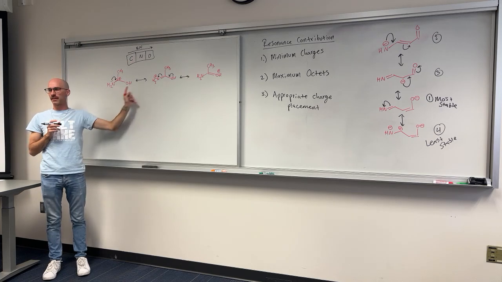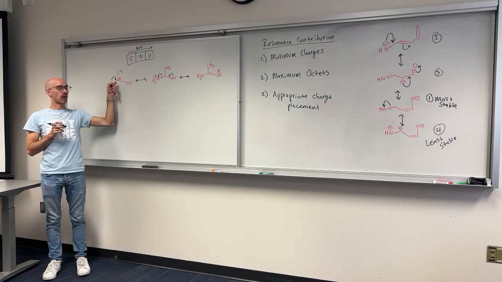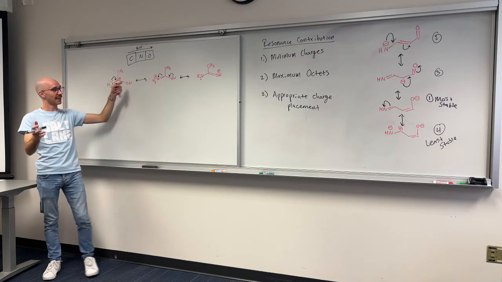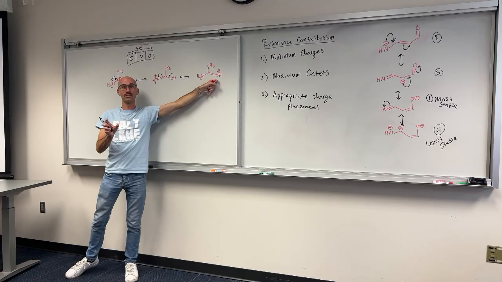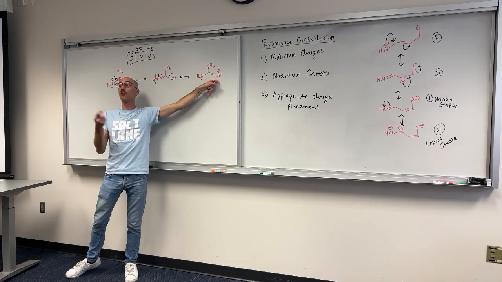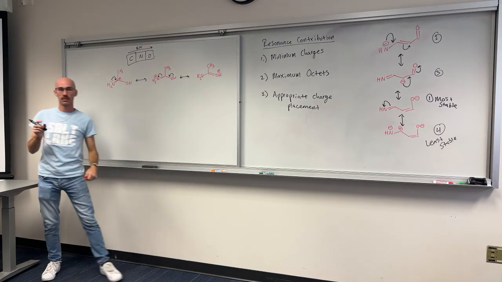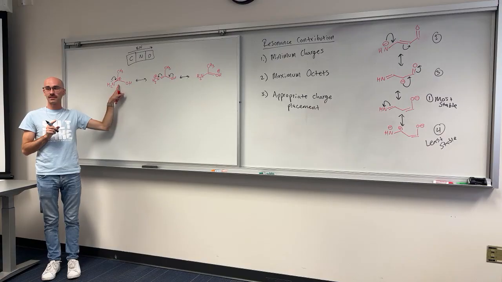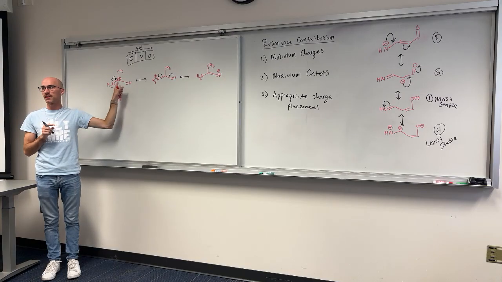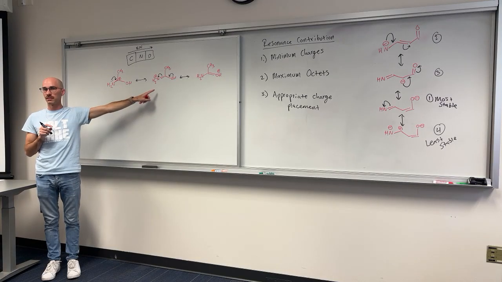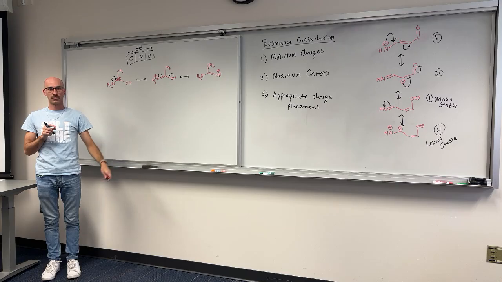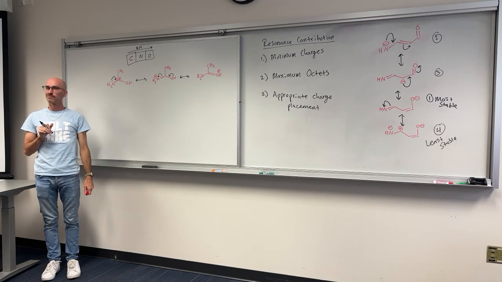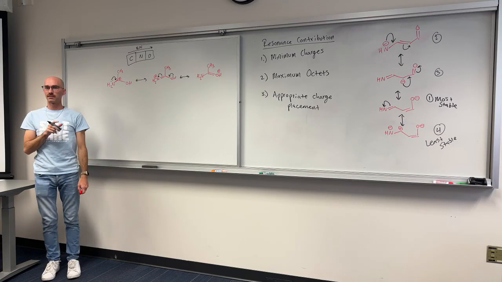So most people look at this problem and they say, carbon holds the positive charge the best, and like Axel said, oxygen holds the positive charge the worst. But this lacks something that the other 2 have. Octet.